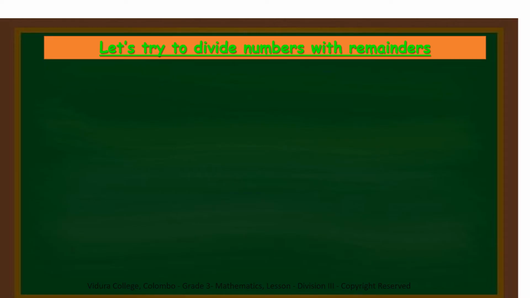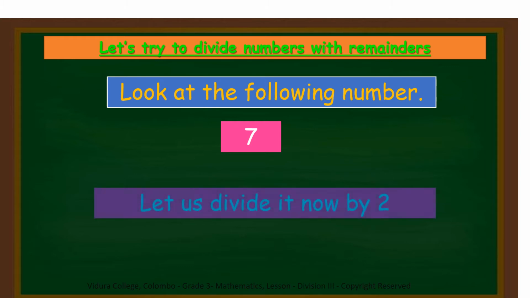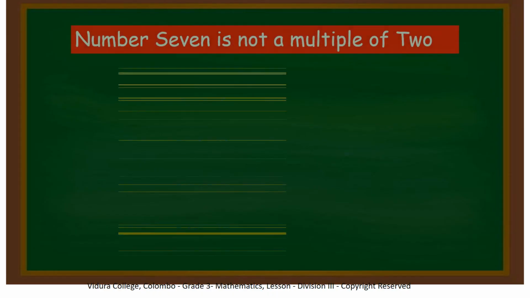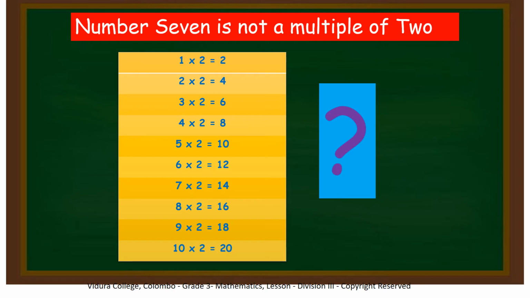Now, let's try to divide numbers with remainders. Look at the following number. Number 7. Let us divide it now by 2. 7 divide 2. Number 7 is not a multiple of 2.